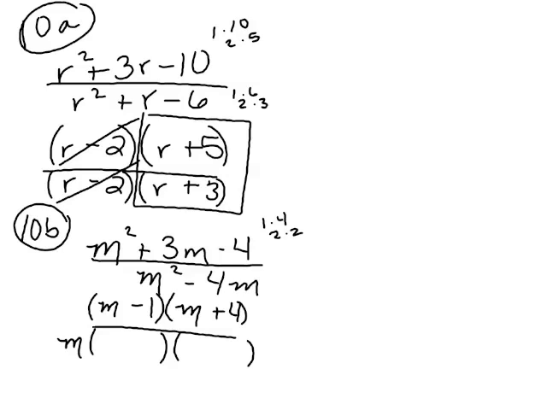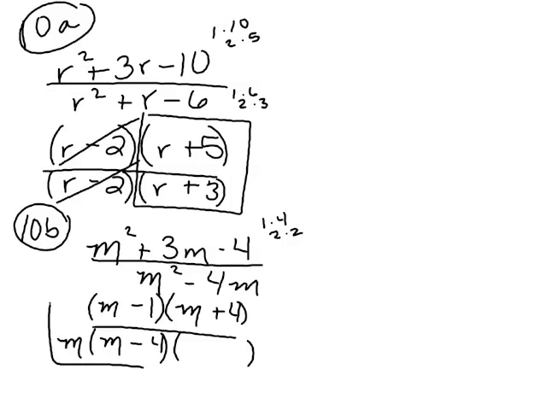So I'll have m times m minus 4. So m minus 4 and m plus 4 cannot cancel.